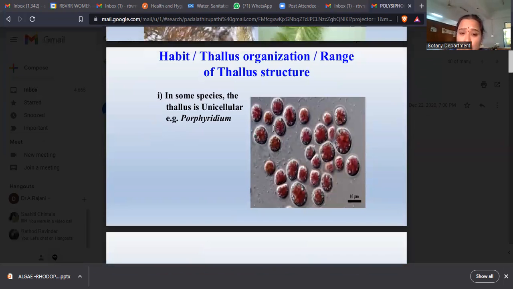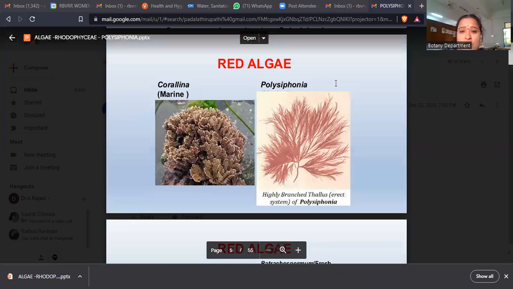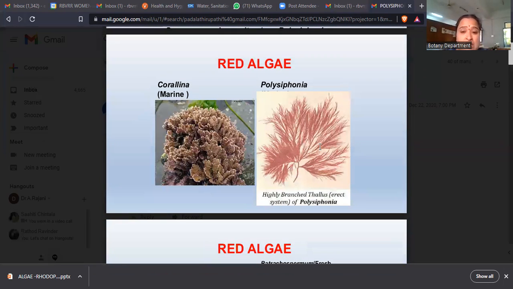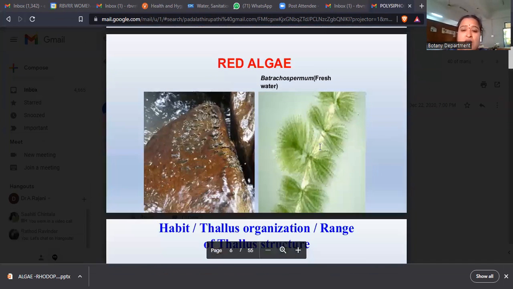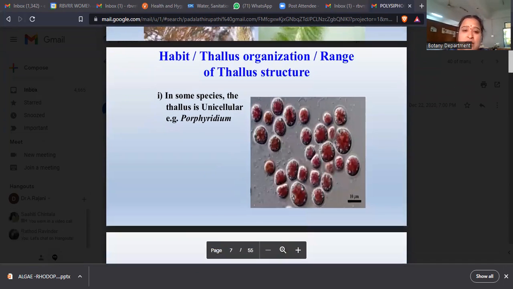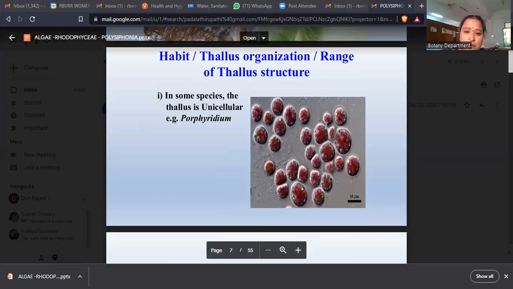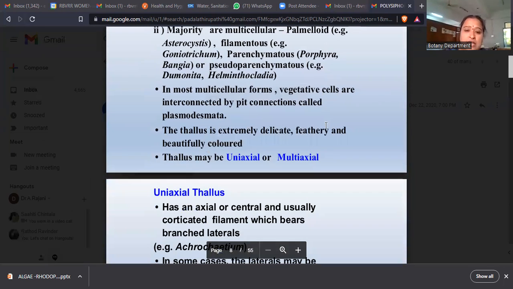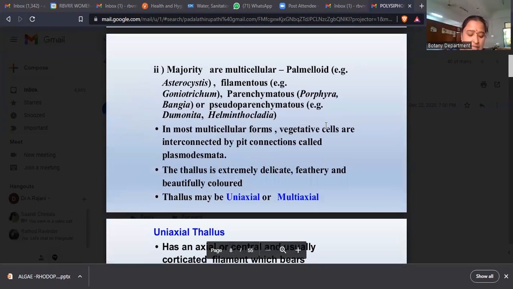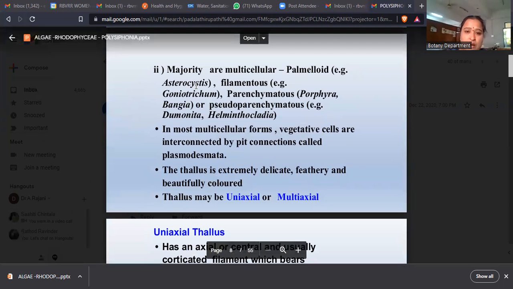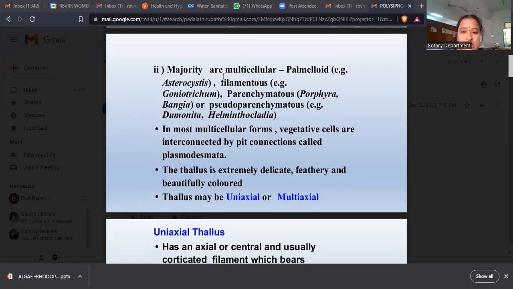It is only unicellular, but all the others are multicellular, branching, filamentous bodies. Only some species are unicellular; the best example in this class of unicellular algae is Porphyridium. See here, what is the thallus? The genus Polysiphonia is majority multicellular, with a filamentous plant body made up of thallus.